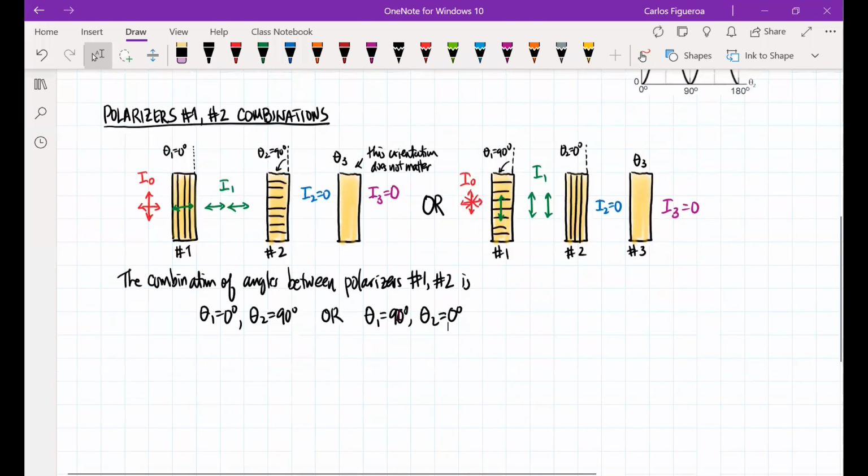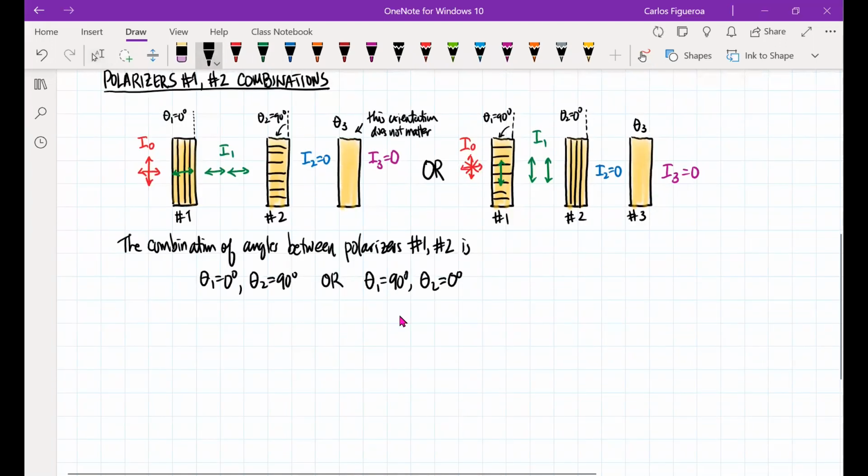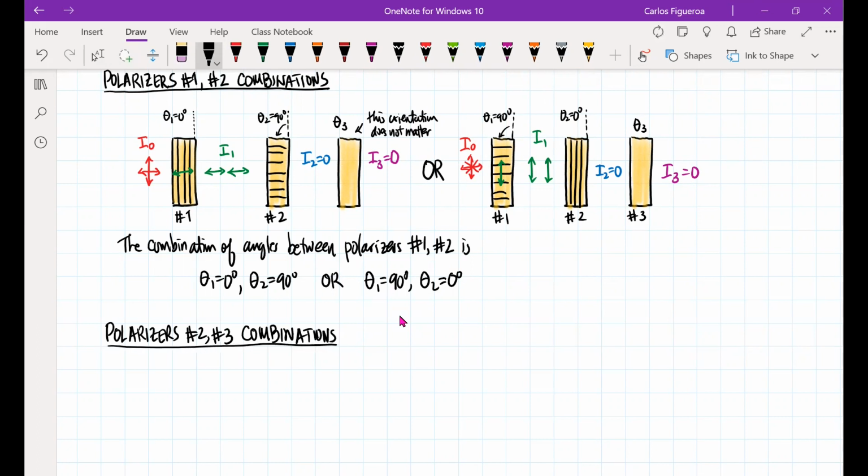So here I go. Now what I'm going to look at is polarizers number 2, number 3 combinations. So this guy has to guarantee that 180 degrees is 0. Okay?